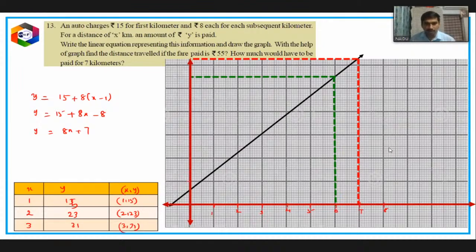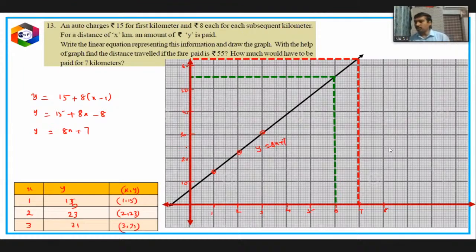Here we are going to take the values as, suppose at 1, it will be 15, so 10 centimeter I am taking 10, 20, 30, 40, 50, and 60 here. Observe, children. So this is the graph, the point 1 comma 15, and 2 comma 23. Quickly I am explaining. This is 2 comma 23 and 3 comma 31. So this is the graph y equals 8x plus 7.